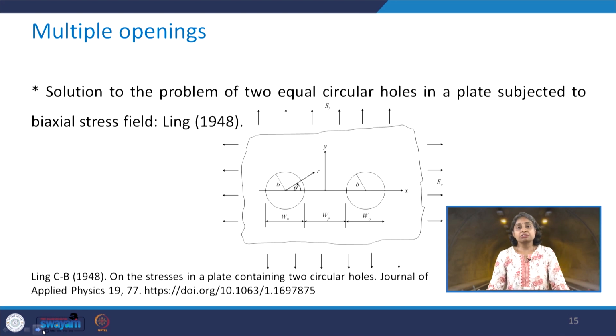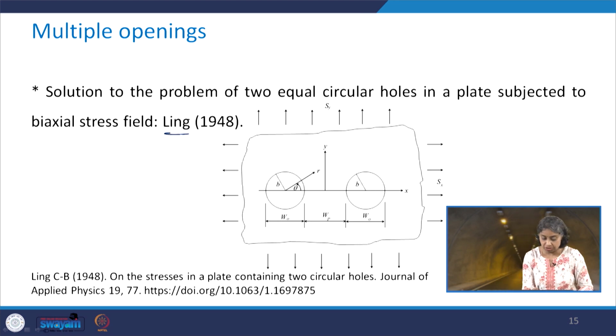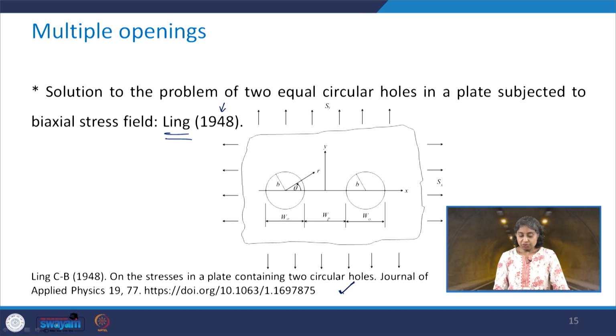Now, the problem of two equal circular holes in a plate subjected to a biaxial stress field was directly solved by this author without superposition in 1948, and the details have been picked from this journal paper. Here you see how the geometry looks.